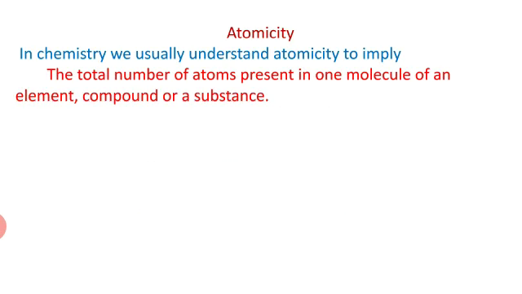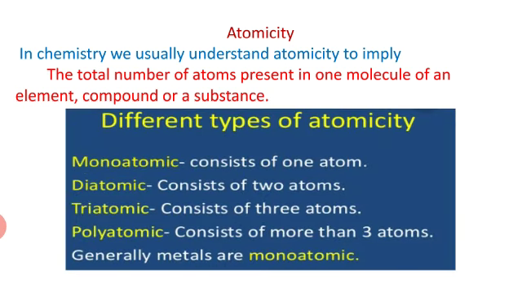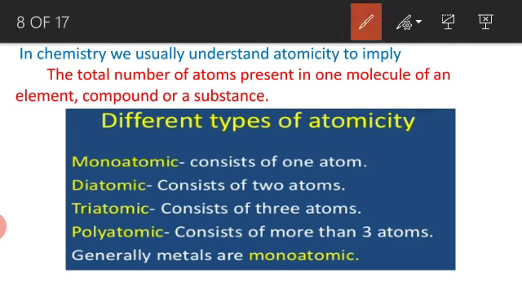Then next, atomicity. What is meant by atomicity? In chemistry, we usually understand atomicity to imply the total number of atoms present in one molecule of an element. The total number of atoms present in one molecule of an element.